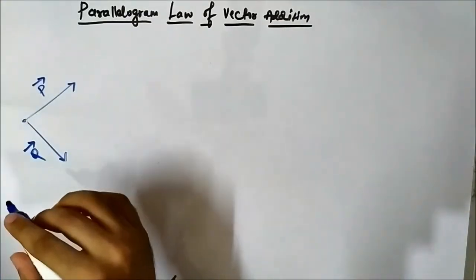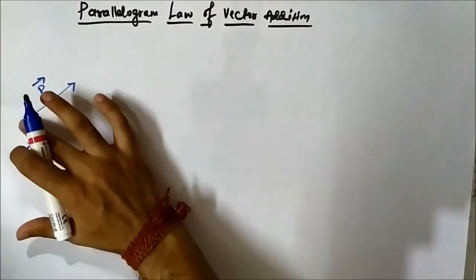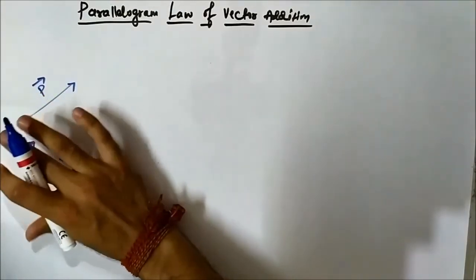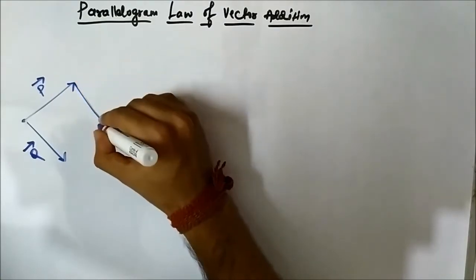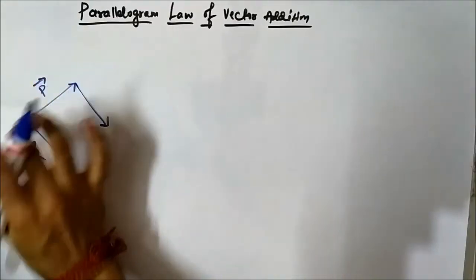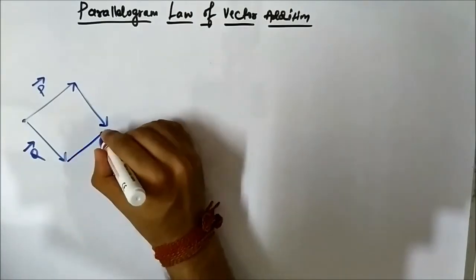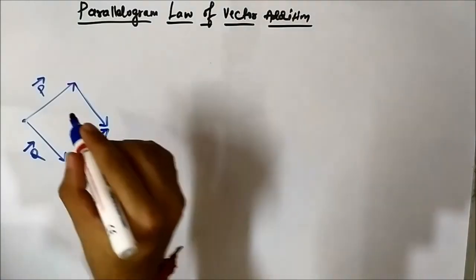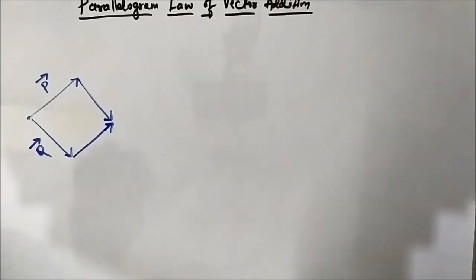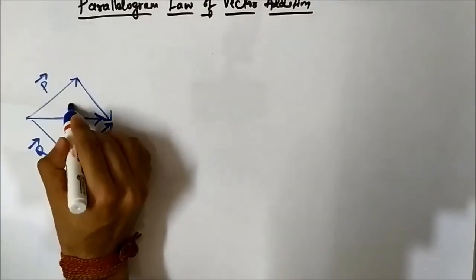To form the parallelogram, we have to perform shifting. So let us shift this Q vector like this to here, and this P vector in this direction. The resultant will be the diagonal passing through. This will be the resultant.